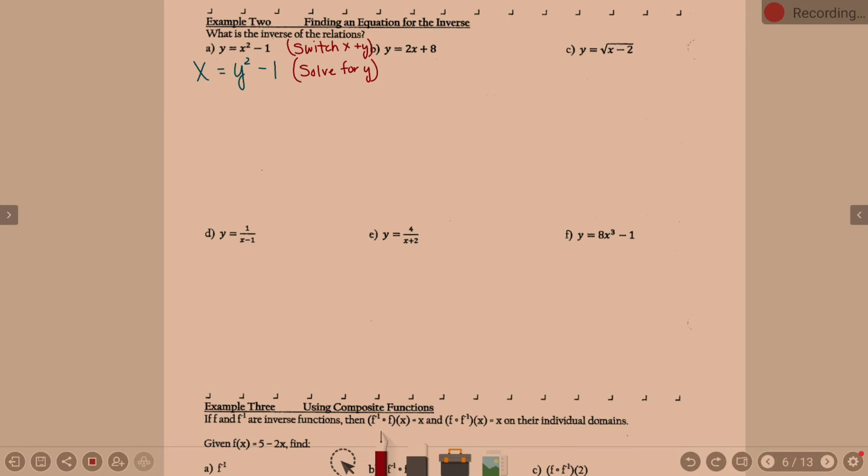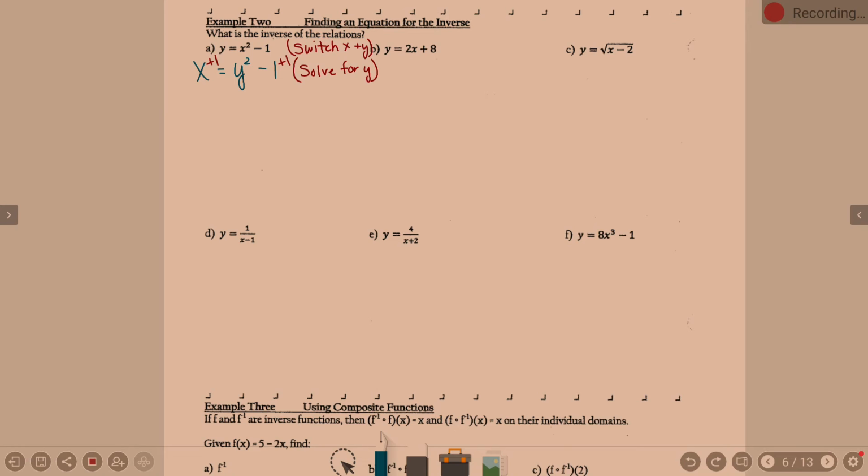How do I move a minus 1? We add 1. If we add 1 on one side, you add 1 on the other side. What is x plus 1? X plus 1, right? And then on the other side, you have y squared, and the minus 1 plus 1 will cancel.